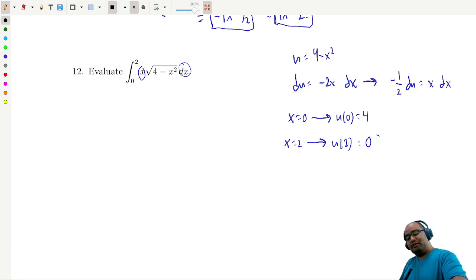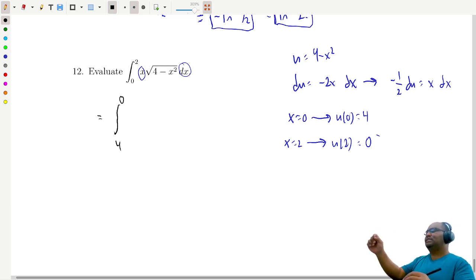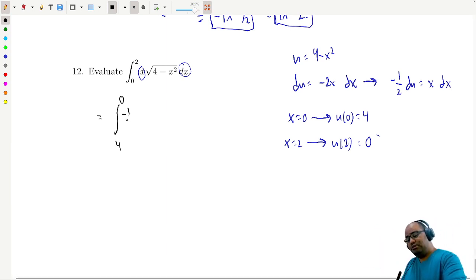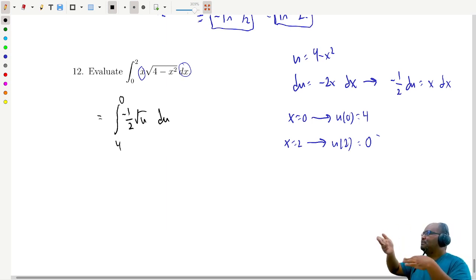So this integral now becomes the integral from 4 to 0 of x dx, which is now minus 1/2 du, and then square root of u. So minus 1/2 square root u du. Again, if we wanted to, we can flip the limits of integration so we're in a natural order.